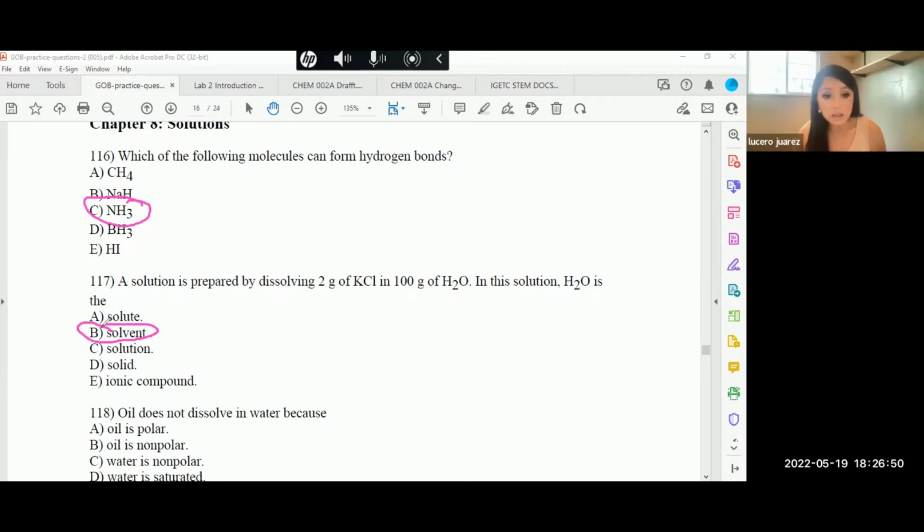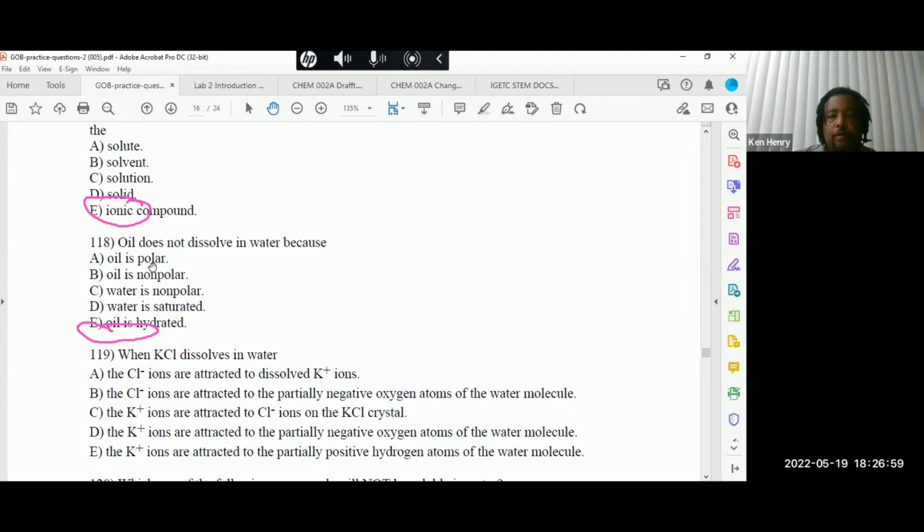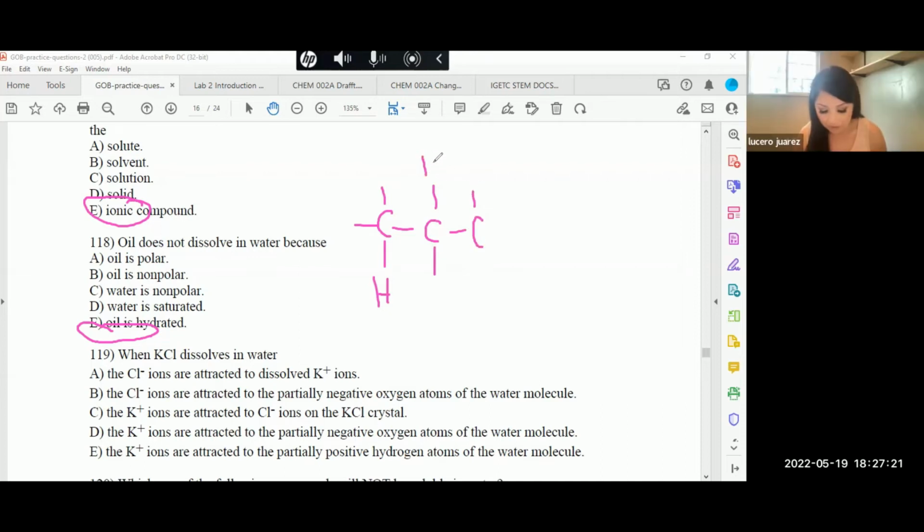I don't know 18. Are we going to have something like that? Yes, we will. Oil doesn't dissolve in water because oil is hydrocarbons, right? Hydrocarbons just have hydrogen and carbon. So what do we know about that? Is it going to be polar or non-polar?